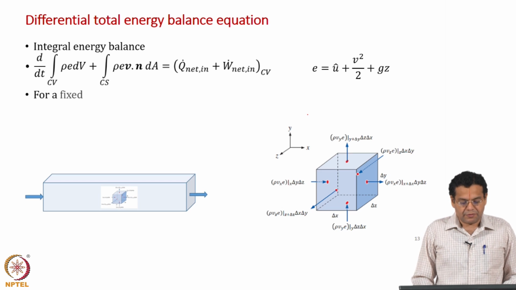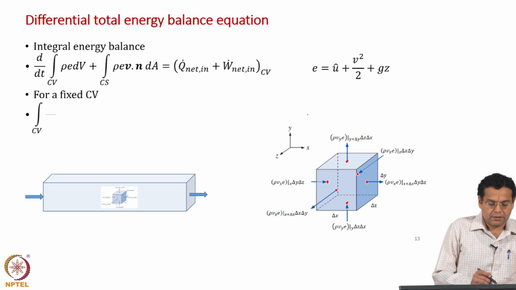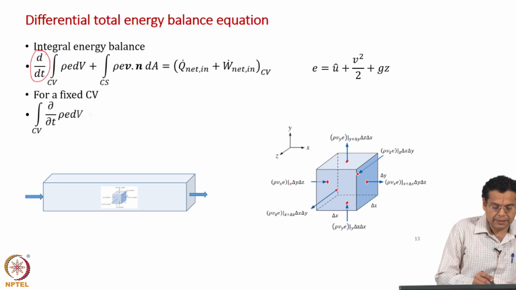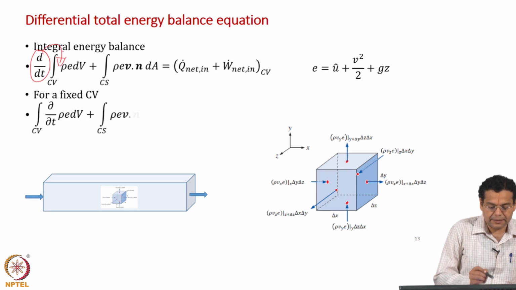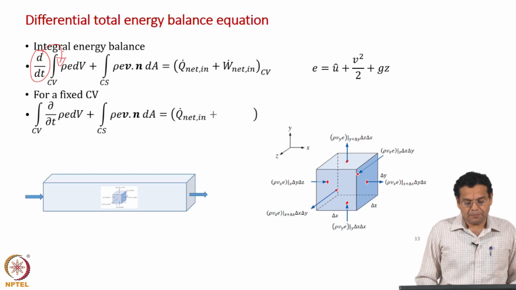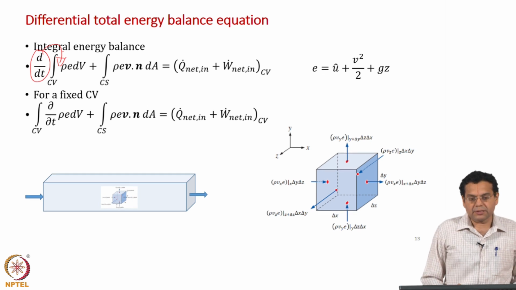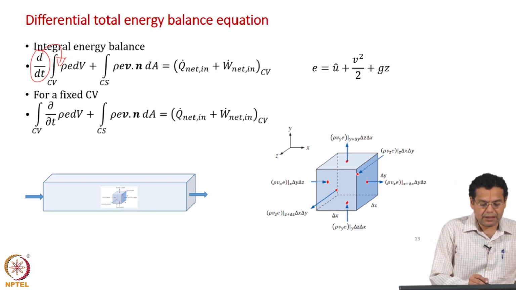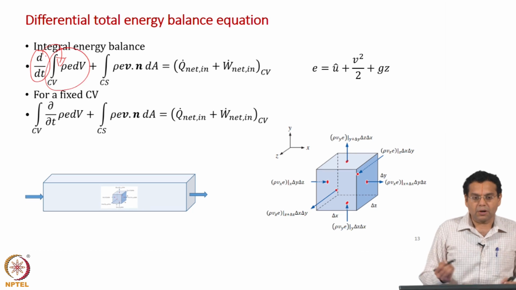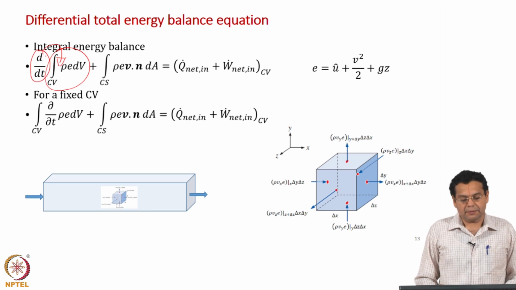Now, for a fixed control volume, as we have done earlier, we will bring the time derivative inside the integral sign, and now it should be written as a partial derivative. The reason is that when the derivative was outside, we integrated over the control volume. So, all the spatial variations have been taken into account, and then only time remained as the only independent variable.